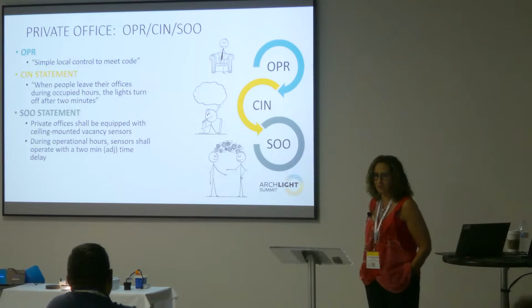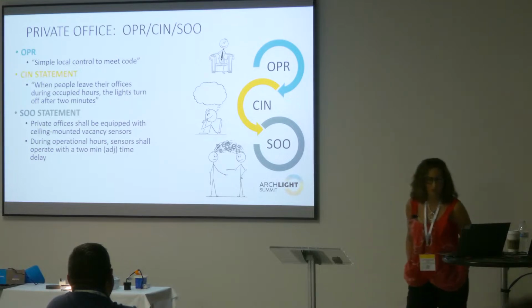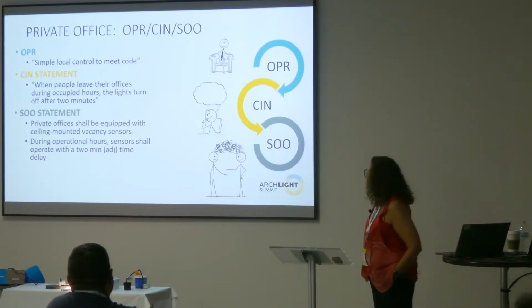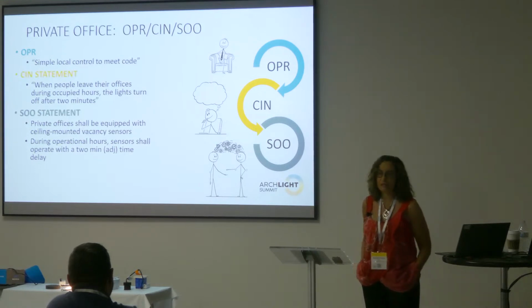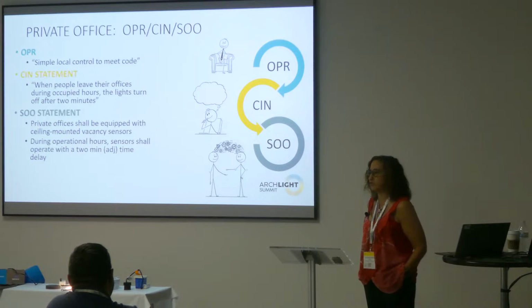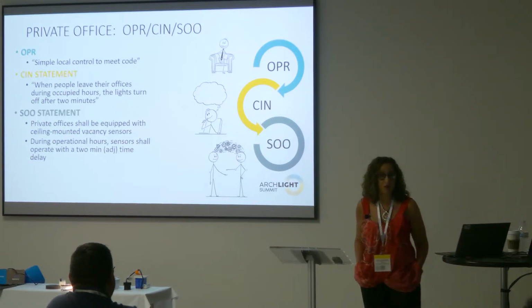I think about this all the time. What if I'm actually, okay, maybe not wrong, but not as right as I think I am, right? So that ADJ, which stands for adjustable, allows me to go back and say, nope, I told you it might not be 2 minutes, and you're going to have to work with me until we can get it right.